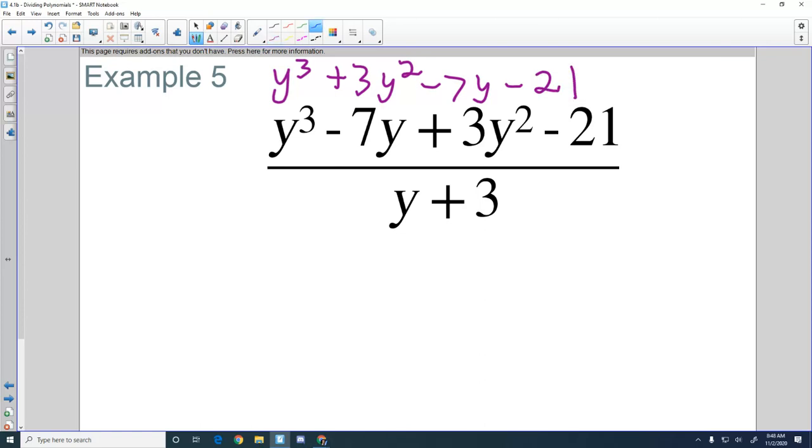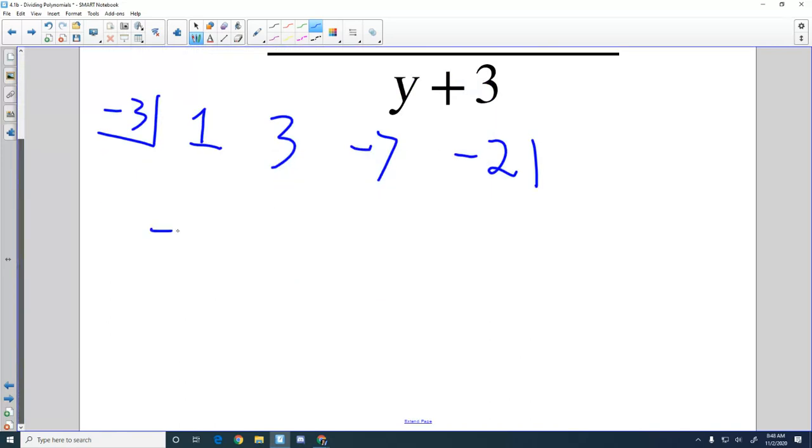I start by flipping the number of the divisor to go in the half box. And then to the right, I'm just going to write down all those coefficients of 1, 3, -7, -21. Skip a space and put a line. Just see if you can go from there as you keep looking over your tests.